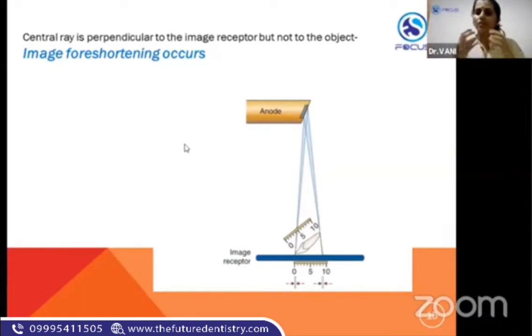Inside the rectangular box is where the X-ray tube is enclosed. The focal spot is inside that rectangular box. Whatever cone, that is, cylinder, is extended is just a pathway for the X-ray beams to come out.